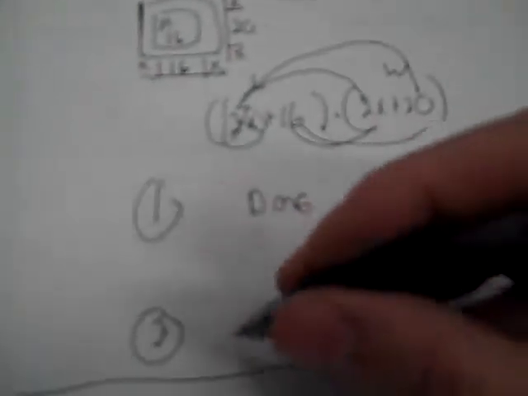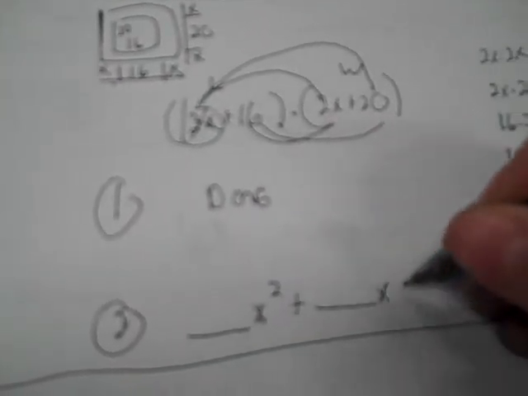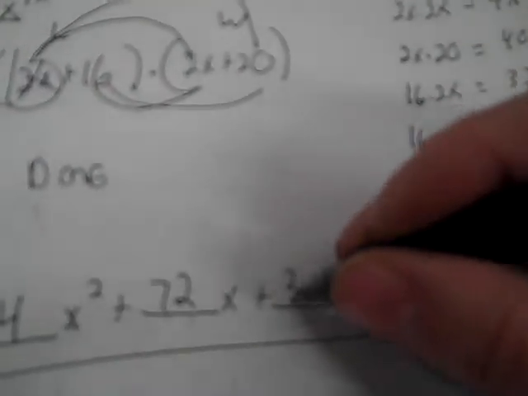Okay, now what I want to do is look at my highest power. It's to the second, so I want to make blank x second plus blank x plus blank. So for x to the second, I have 4. Okay. For x, I take 40 plus 32, and that's 72, plus those, and then 320.